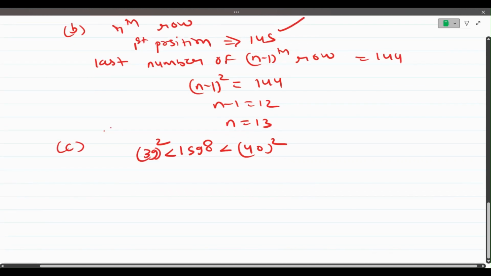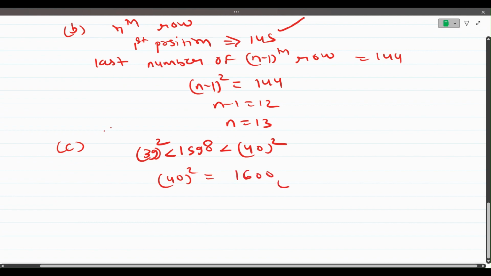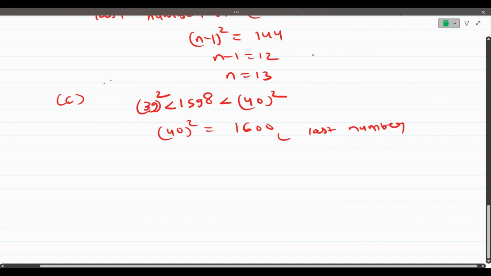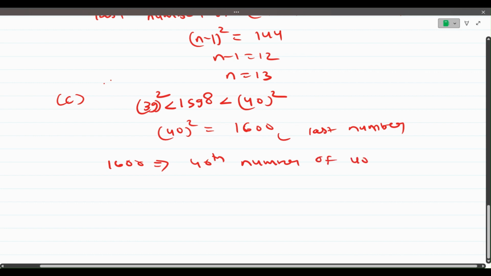Let's consider the square of 40, which is 1600, and 1600 is the last number of the 40th row, right? So 1600 is the 40th number of the 40th row.